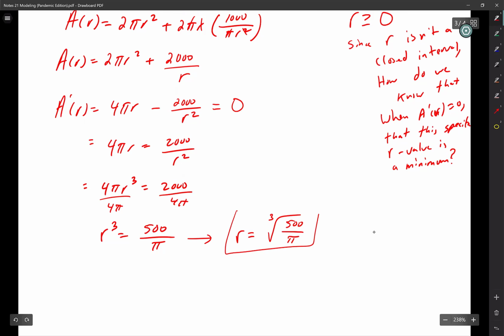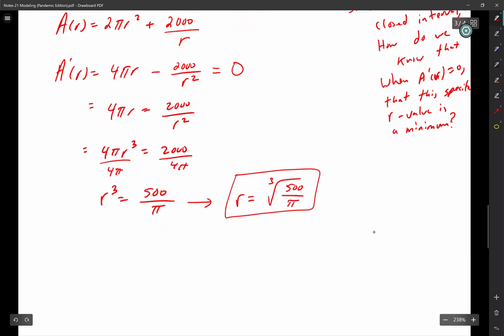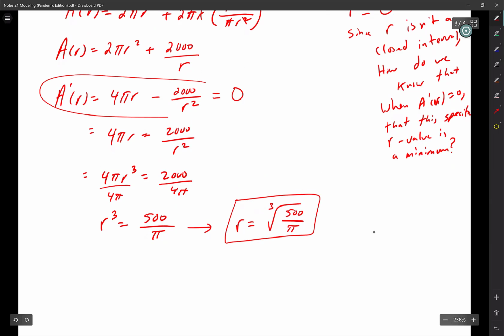All right. I want to make sure that that is an absolute min. That's what I want. So I'm going to take another derivative from right here. A double prime of r equals 4 pi. Negative times the negative is a plus.